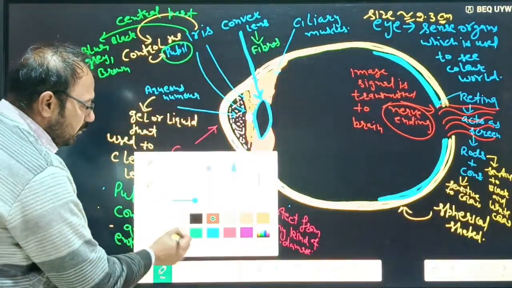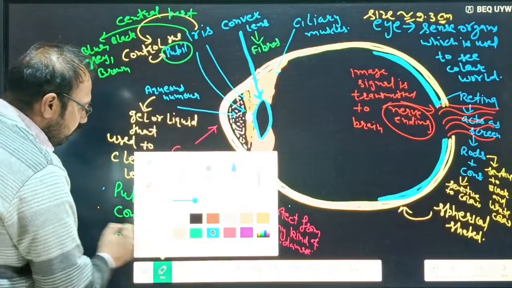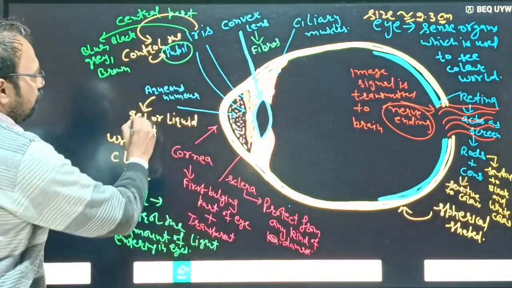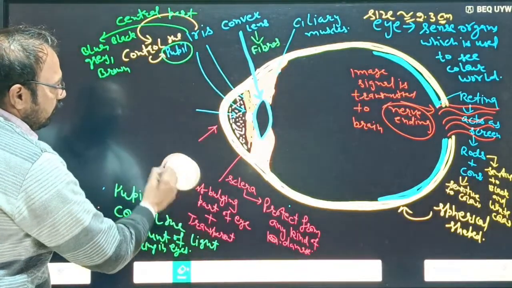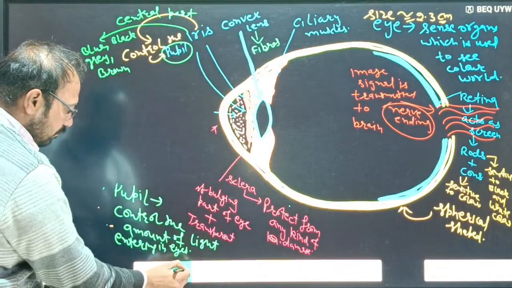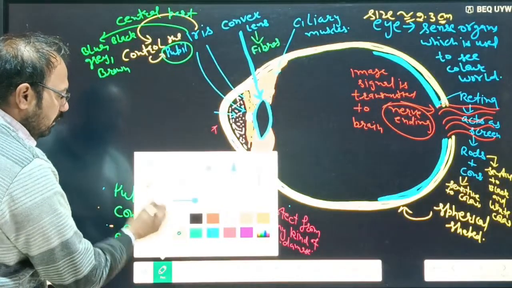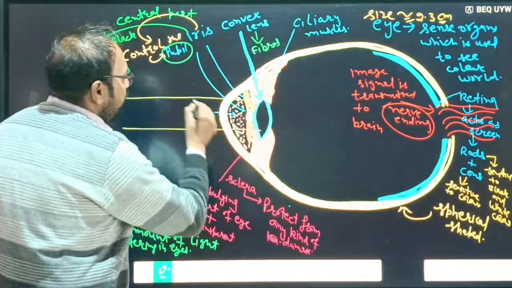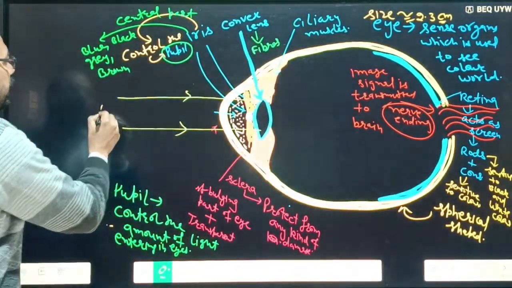how, for example, these rays of light come from the object. So this is a tree.